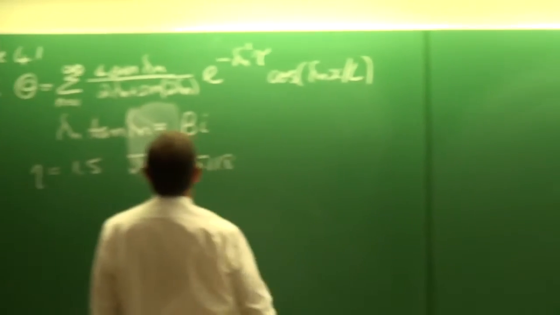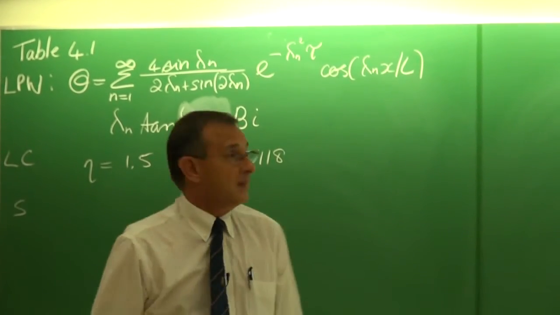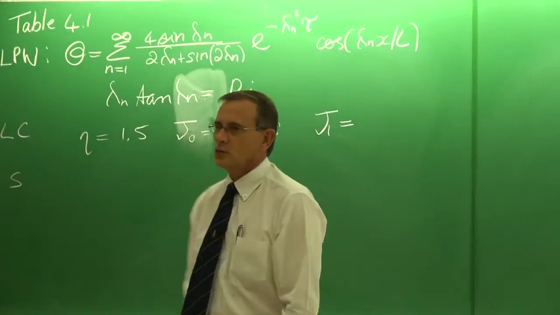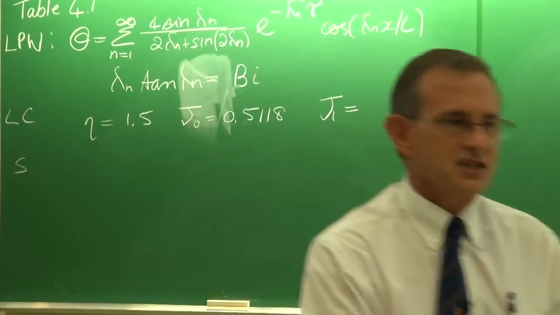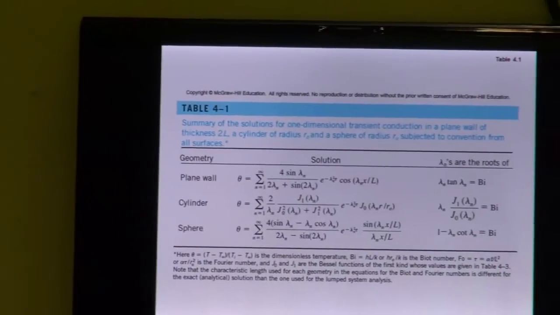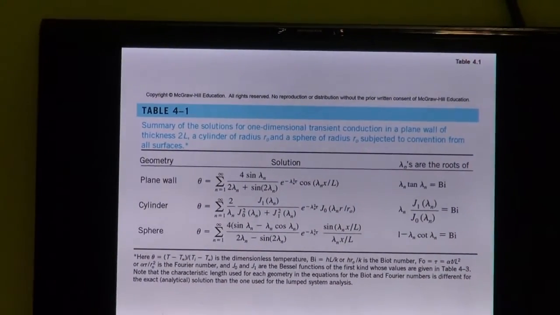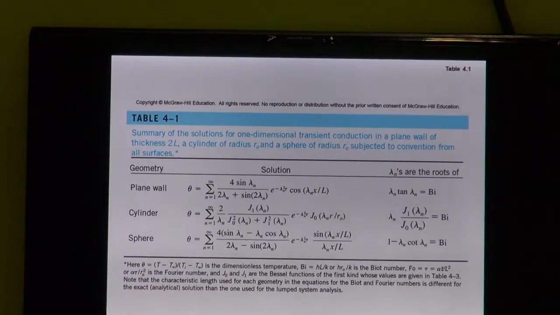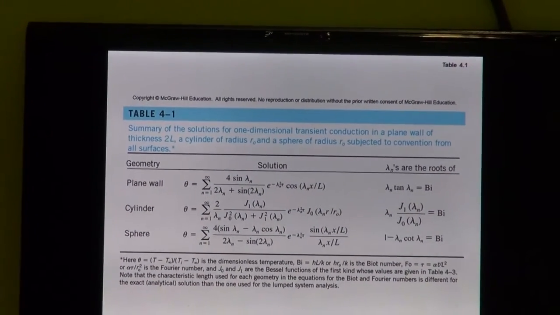0.5118. Okay? And then there's another value for J1. Do you see that? Let's just go back to the equations again. You'll see it says there in the equation J0, and in brackets there's lambda n multiplied by r divided by r0.